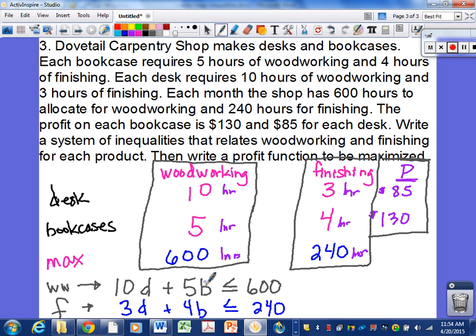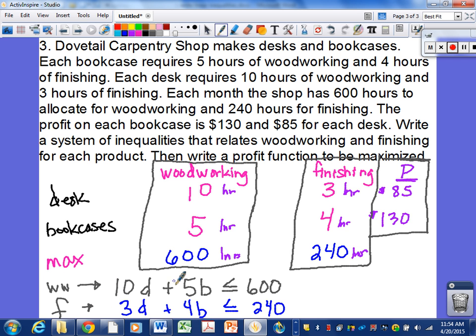So it's a two-variable system, desks and bookcases, but they each have two different constraints placed on them, which is why you get two equations. One equation comes from the first constraint. The second equation comes from your second constraint.